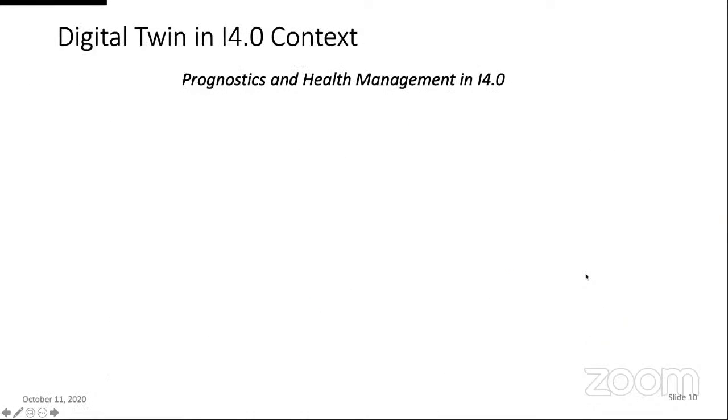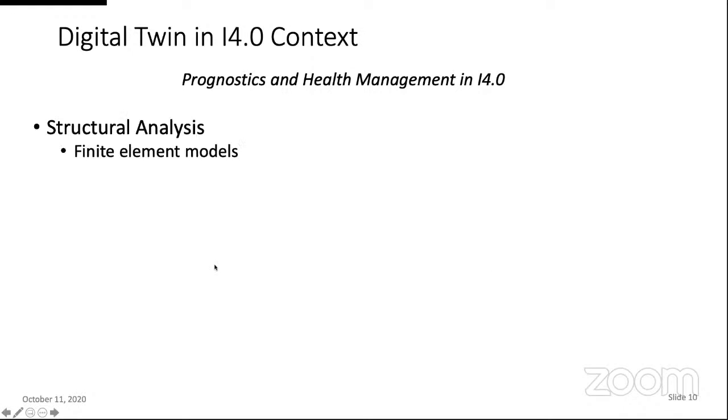Now, the digital twin in the context of Industry 4.0, as I said, is basically a key driver. Digital twin plays a very important role in realizing the vision of Industry 4.0. As of today, prognostics and health management is one of the key aspects of Industry 4.0, health management of the devices or components or even the plant. In that area, digital twin is used mostly today.